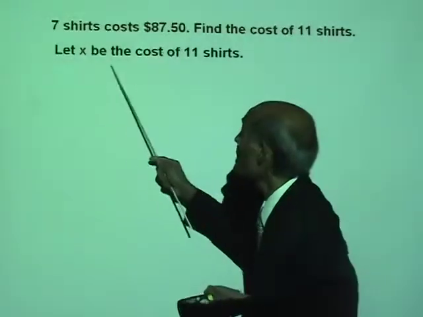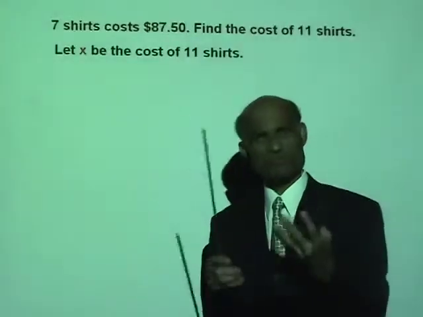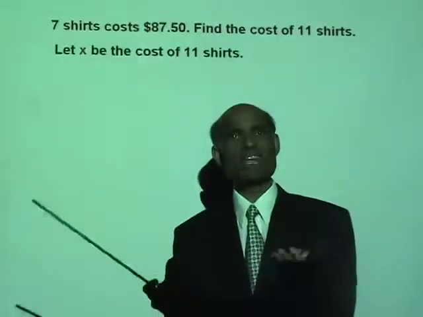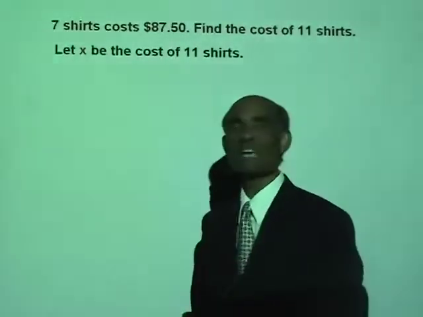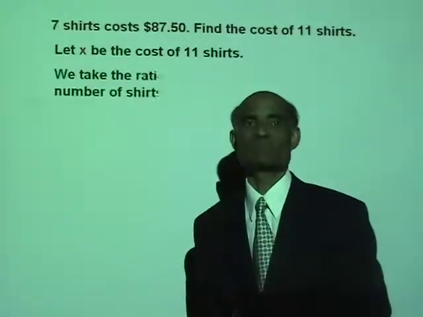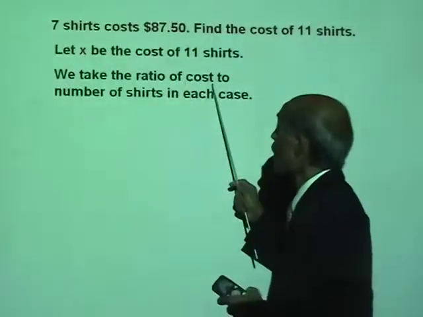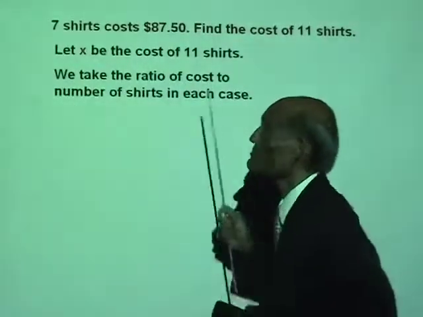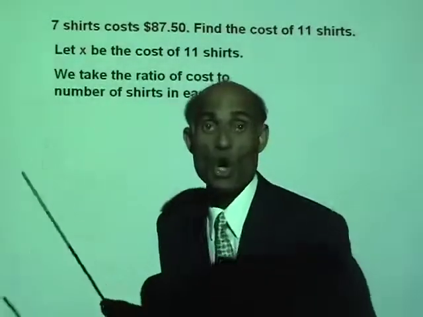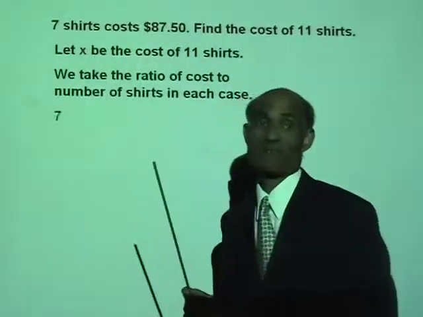So let X be the cost of 11 shirts, because we want to find the cost of 11 shirts. Start by saying let X be the cost of 11 shirts. Now we take the ratio of cost to the number of shirts. Cost, the dollars to the number of shirts.